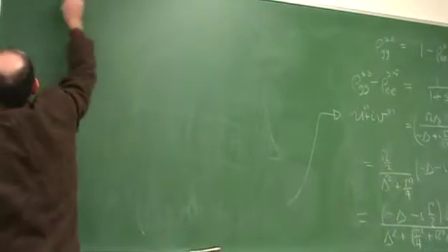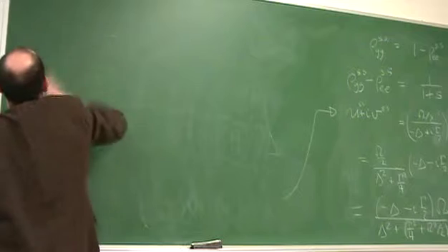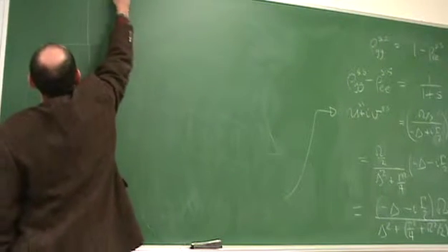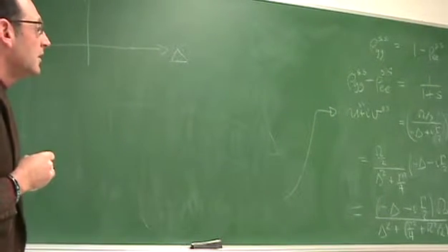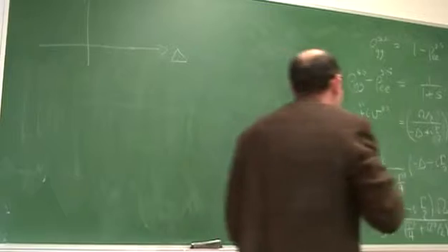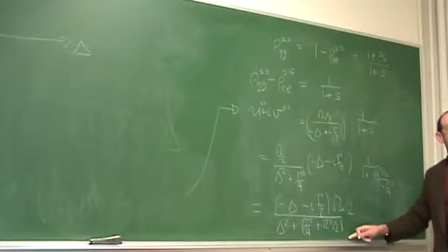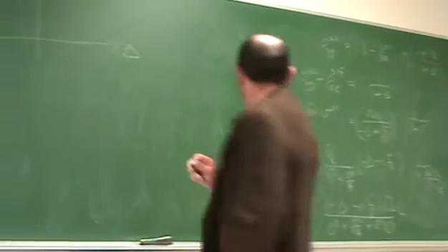Let's look at minus V as a function of detuning. So minus V is equal to gamma over 2 divided by this stuff. What do we see in that case?